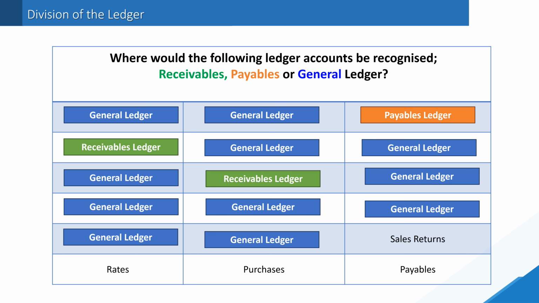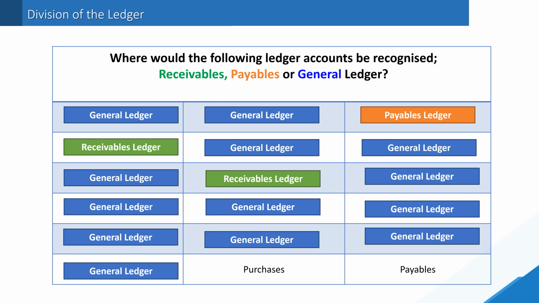This is ultimately an expense to the business because we've done something wrong, we've sent damaged, incorrect, faulty goods, and therefore be recognised in the general ledger. The rates account is an expense account and is recognised in the general ledger. The purchases account records the value of goods we've purchased with the intention of selling on at a profit, again in the general ledger.